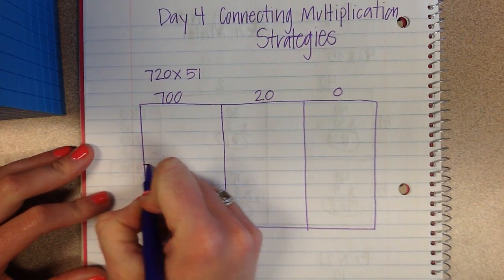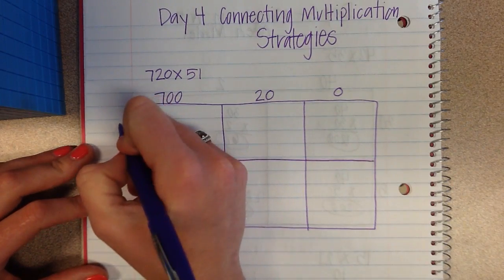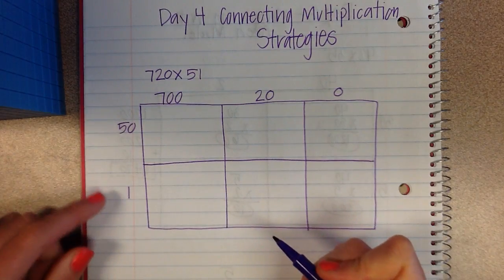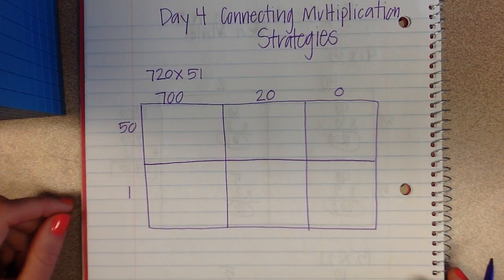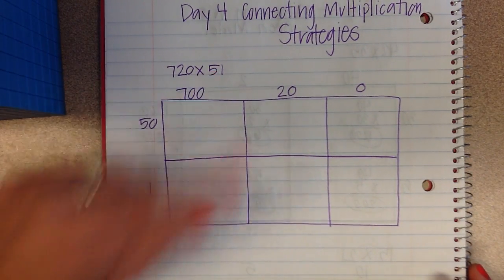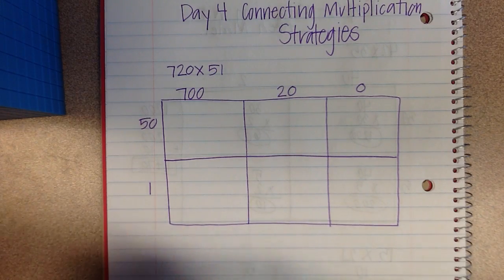Then I'm going to box this here and draw a line all the way over. I'm going to put 50 here and 1 here, because that is my value. This 5 doesn't really represent a 5, it really represents a 50.